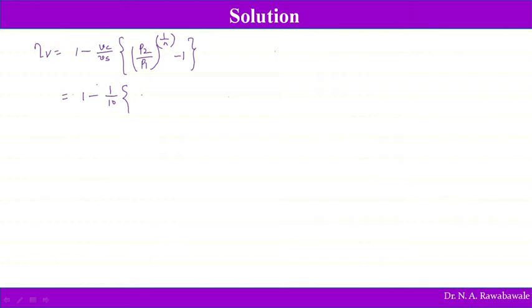P1 is 1 bar, P2 is 8 bar, 8 divided by 1 to the power of 1 divided by n, where n value is 1.3, minus 1. So this volumetric efficiency works out to be 0.75, or that is 75.3%.